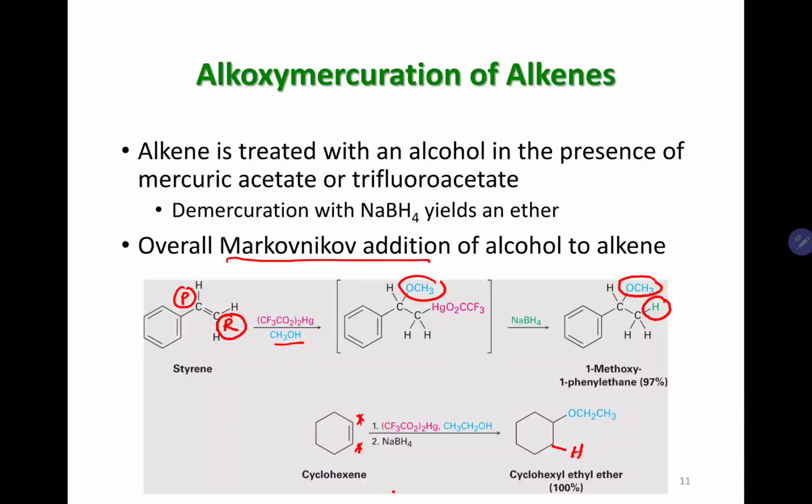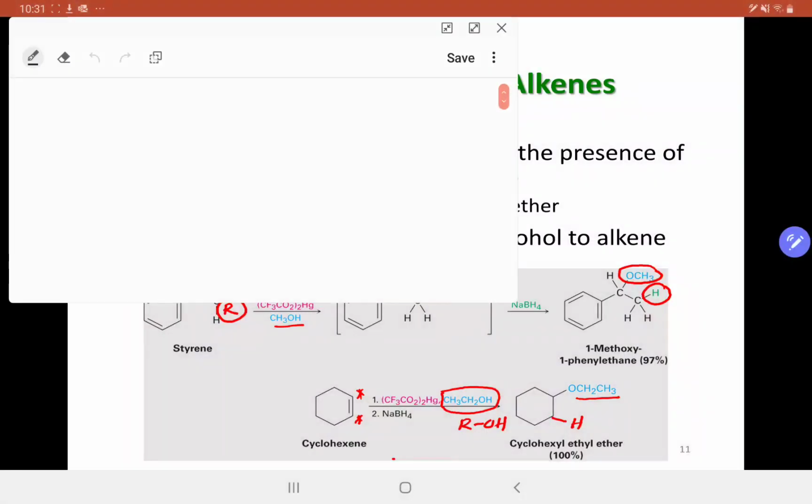And the other carbon received the R group from the alcohol. Here is your alcohol, and that R group is going to the other carbon, and of course the oxygen as well. So the alkoxy group is going to the other carbon. Very straightforward.